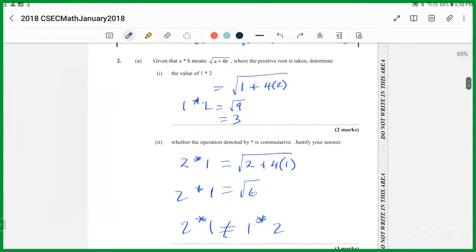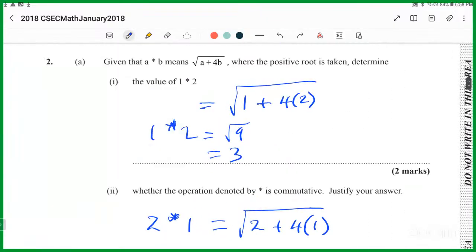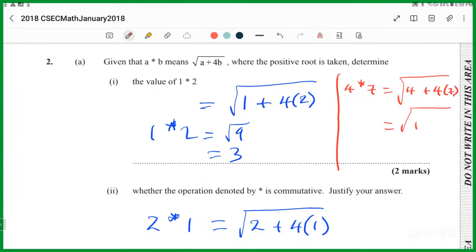Because in this example, if I were to just change the values and put instead, say, 4 star 7, all that would happen is that this will become equal to the first value coming here just the same, which will be a 4, plus 4 times, and then the 7 is coming here, right? And that would work out to 4 plus 28, because 4 times 7 is 28, which would then work out to the square root of 32.